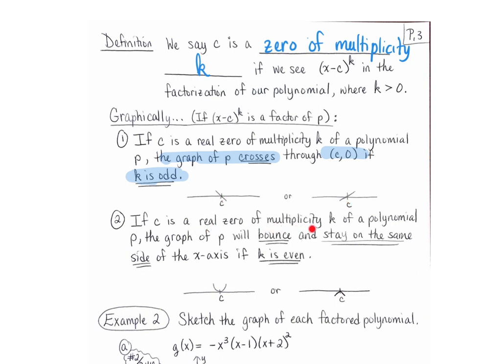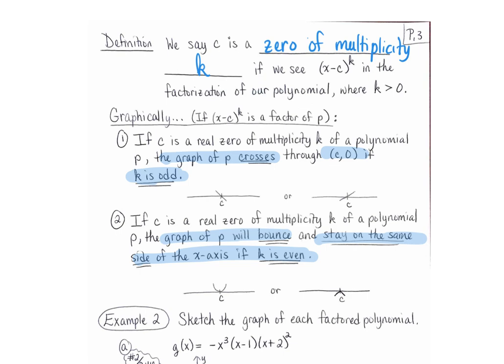If c is a real zero of multiplicity k of a polynomial, the graph of p will bounce and stay on the same side of the x-axis if k is even. So if k is 2 or 3, you said? 3 falls into which case? The crossing, right? Or it's odd, good. But here for it to bounce and stay on the same side, k is 2 or 4 or 6 or 8, even, okay? So it's going to bounce, okay?